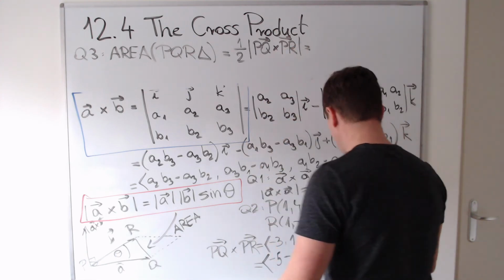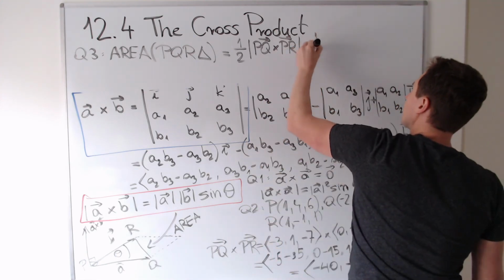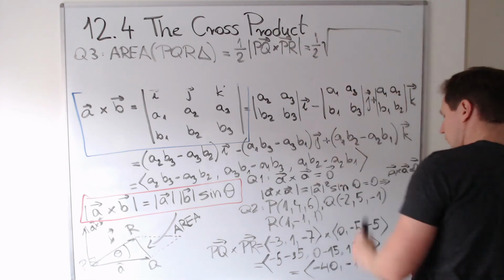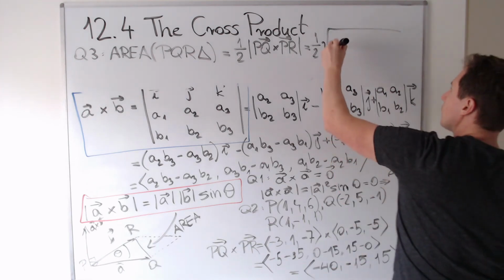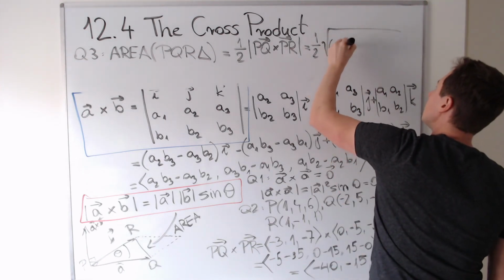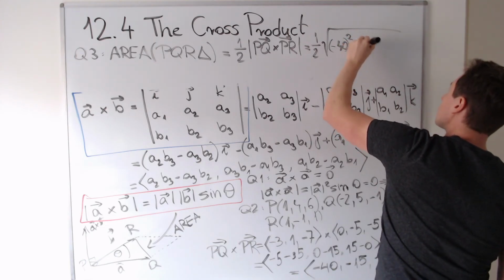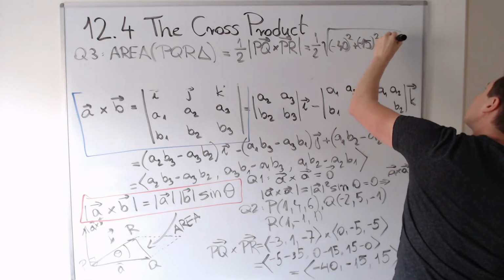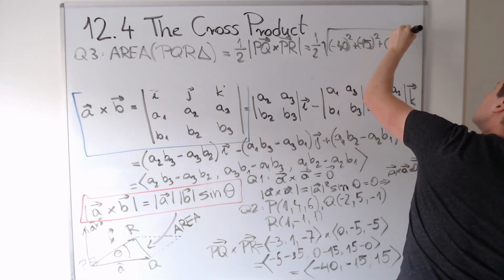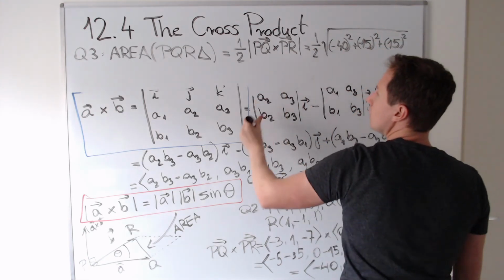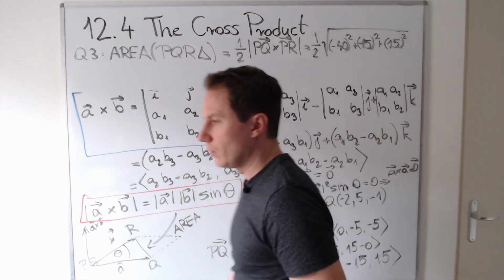Okay, so let's compute the length of that vector with these components. So that's -40 squared, -15 squared and 15 squared. Okay, so let's see.